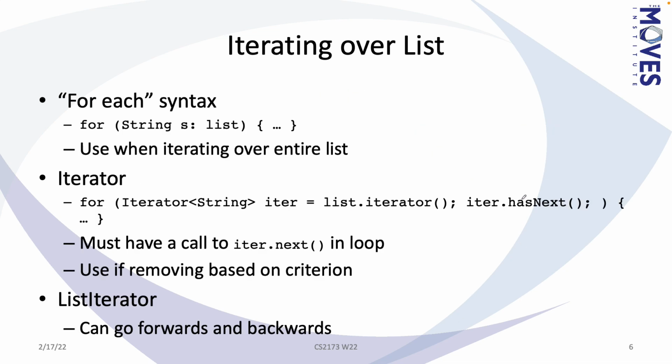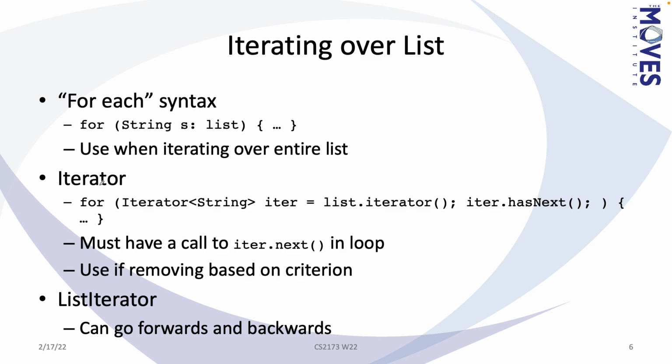Okay, so iterating, just as we saw in arrays, we have the for each syntax, where we can say for each item in a list. As with arrays, that's useful only when we're iterating over the entire list. If I want to iterate over maybe some of the list, then this is a weird pattern, but it turns out to be a nice way to do it.